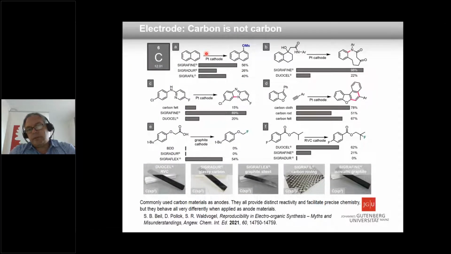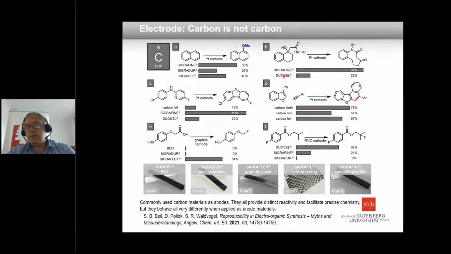Some words about the electrode materials, and many people think that carbon is carbon, it's the same element. We put some stuff together here, and you see different brands of graphite make a difference in how good the yield is with different anodes. Sometimes it can be extremely pronounced.